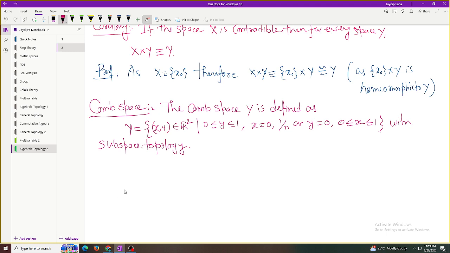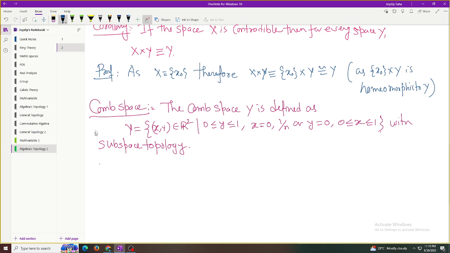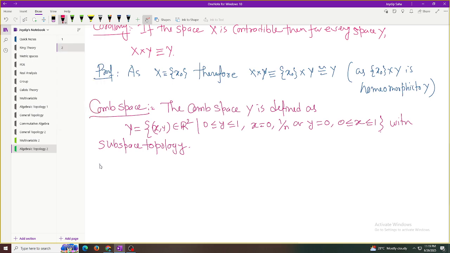Exercise: show that comb space is path connected.